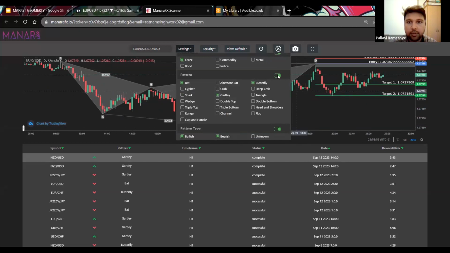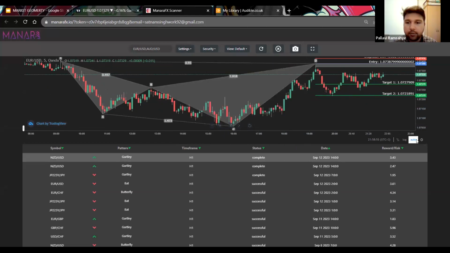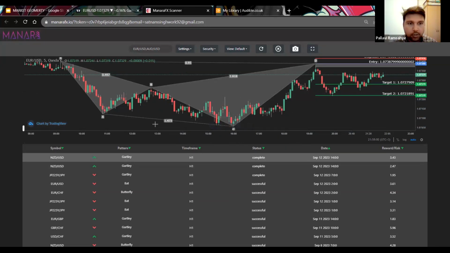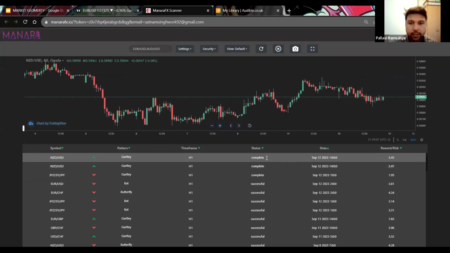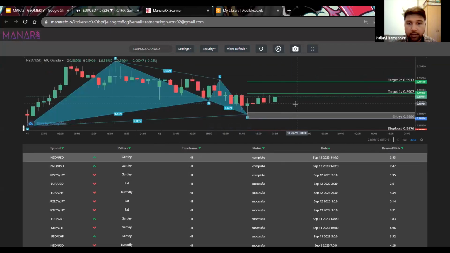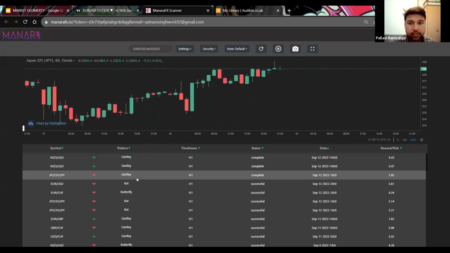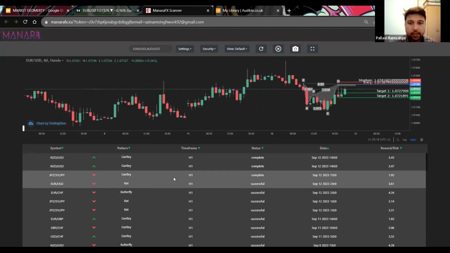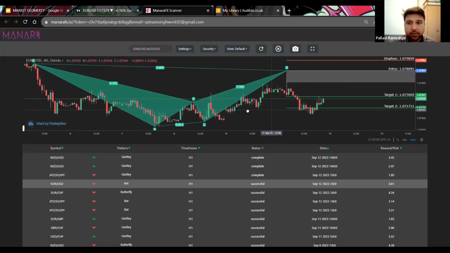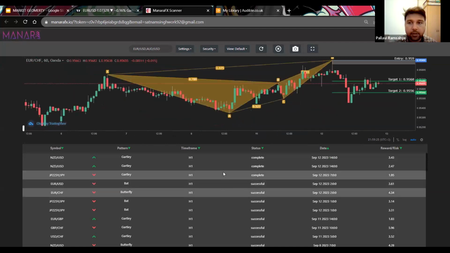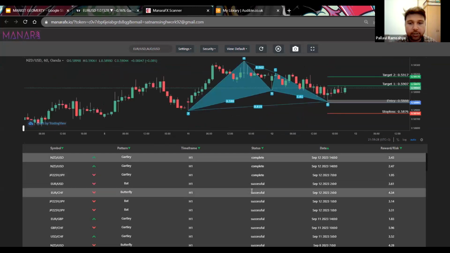These are the main patterns that I want to look at with you guys. And we can start looking at some trade ideas also. I'm looking forward to coming on to Manara and looking at where we can potentially enter, and if the trade is a good trade or a bad trade. There's plenty of trades on here to be had, but we just need to know what indicators we're looking for and how to enter, etc.